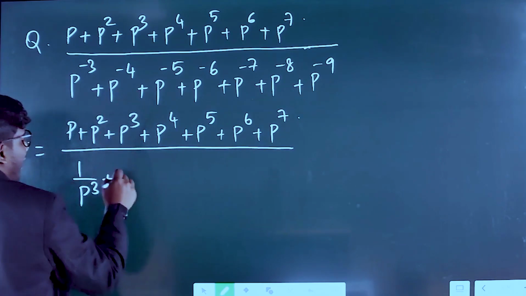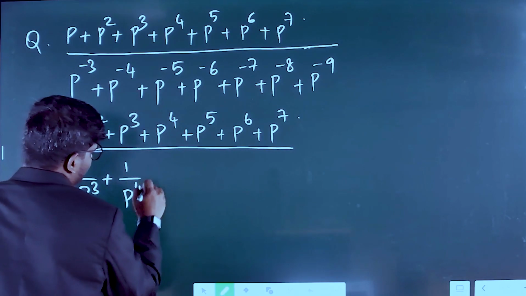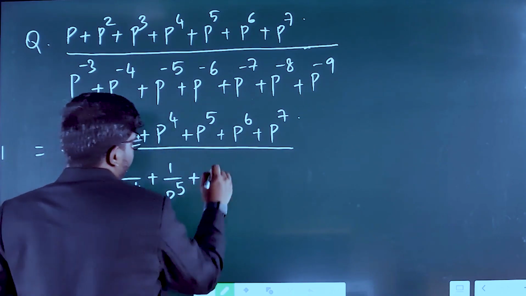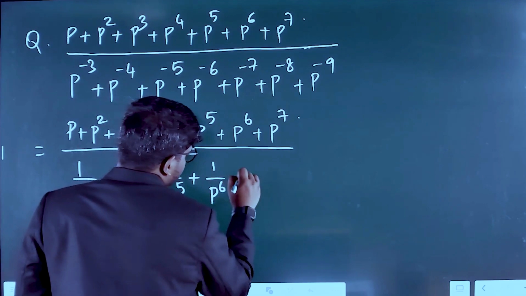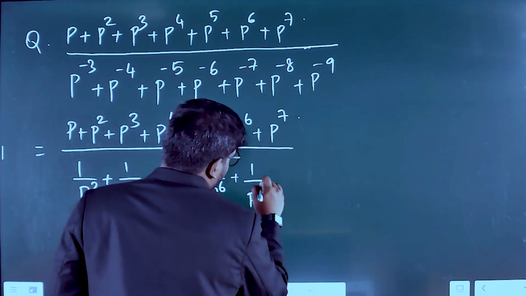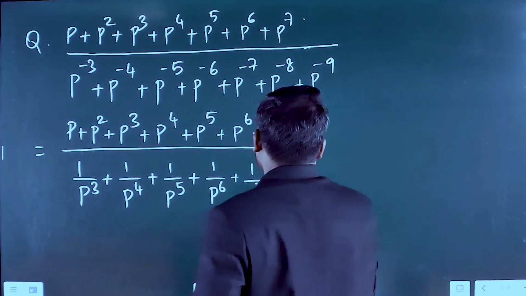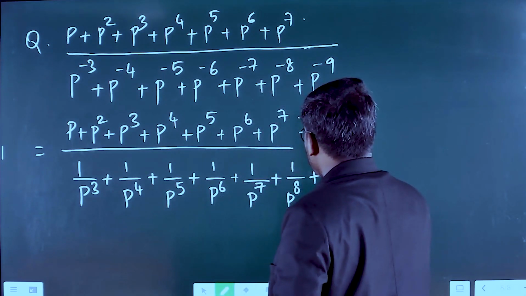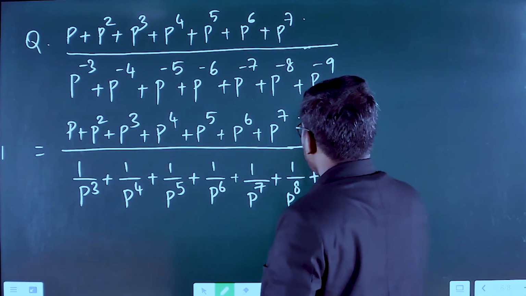P power minus 4 can be written as 1 by p power 4. This will be 1 by p power 5, 1 by p power 6, 1 by p power 7, 1 by p power 8, and this will be 1 by p power 9. Right?